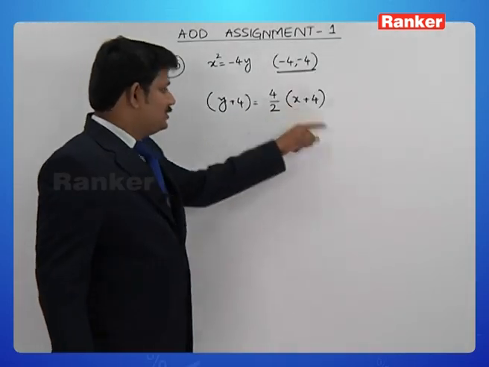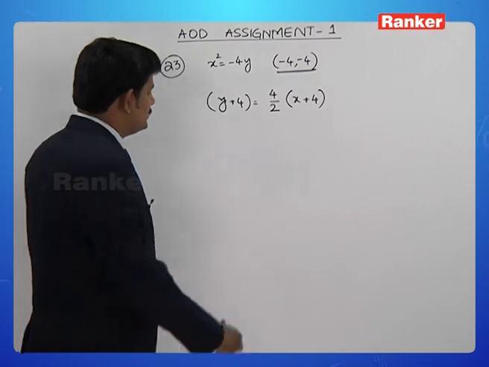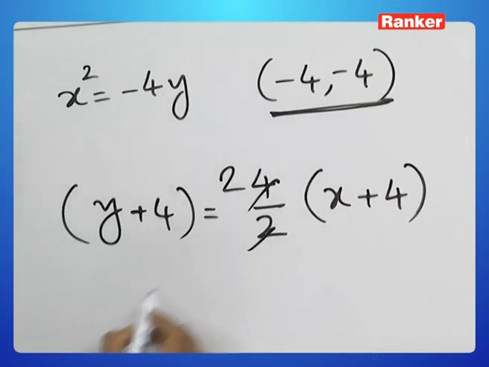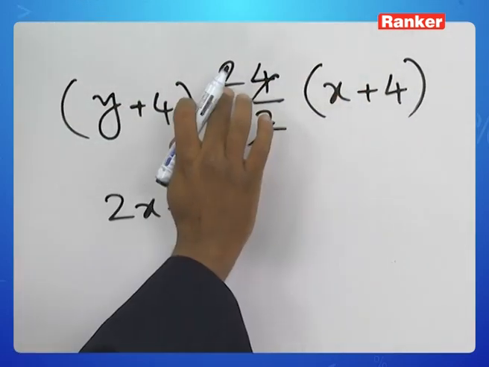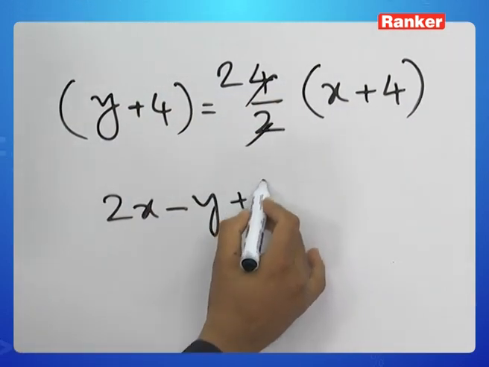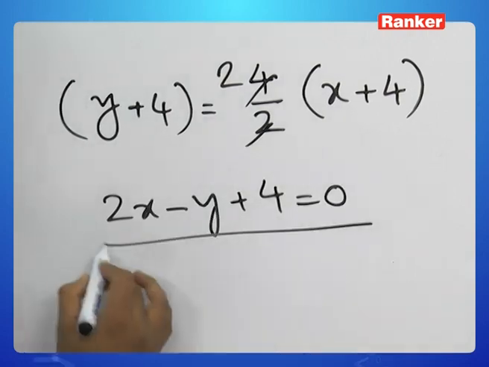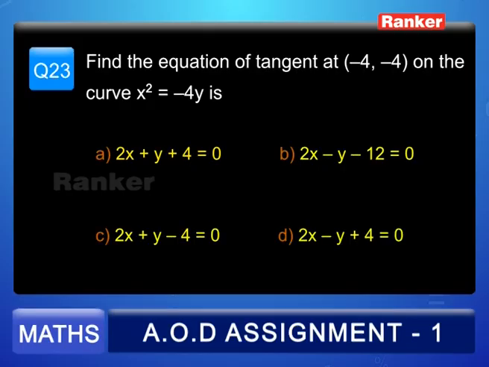Y minus y1 is equal to m into (x minus x1), that is the tangent equation. So, tangent equation is 2x minus y, bringing it to the other side, 8 minus 4 plus 4 is equal to 0. So, equation is 2x minus y plus 4 equal to 0, which is answer D.